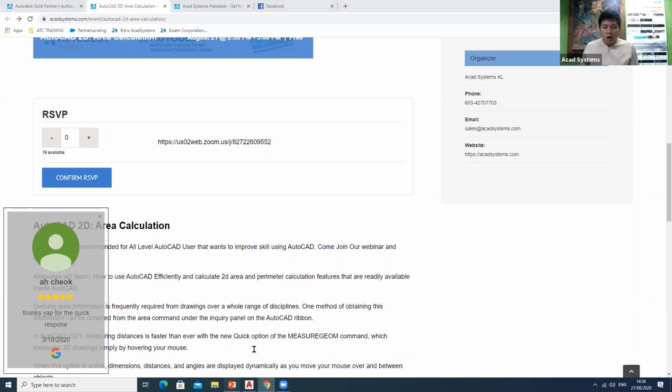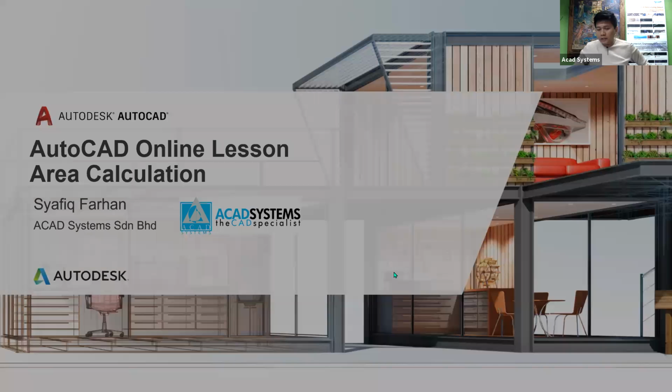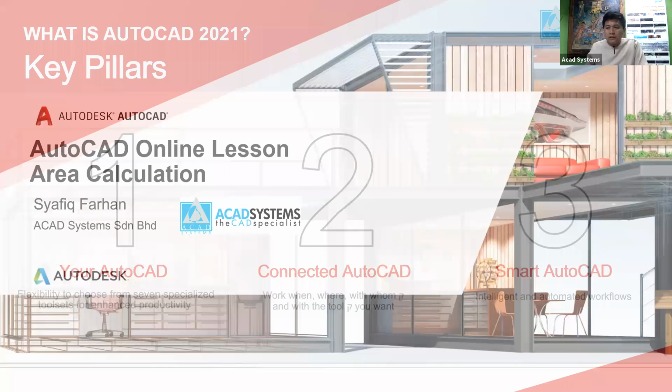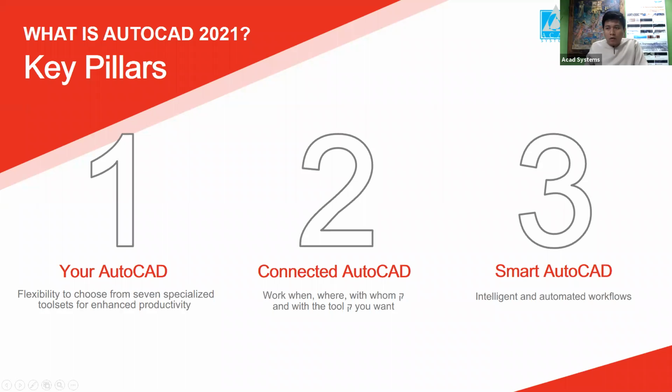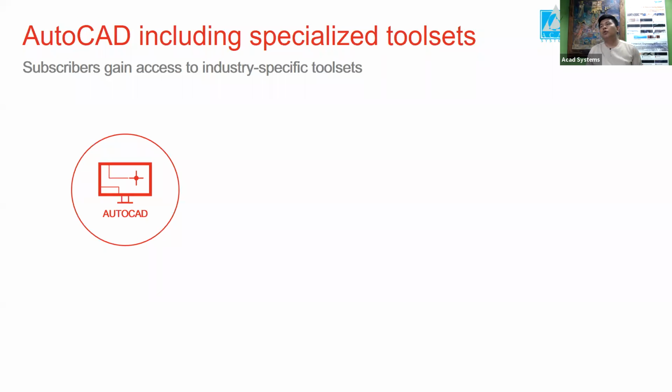AutoCAD 2021, the latest version of AutoCAD, contains 3 main items: your AutoCAD, connected AutoCAD, and smart AutoCAD. If you want to create a simple 3D model, you can use the basic AutoCAD.